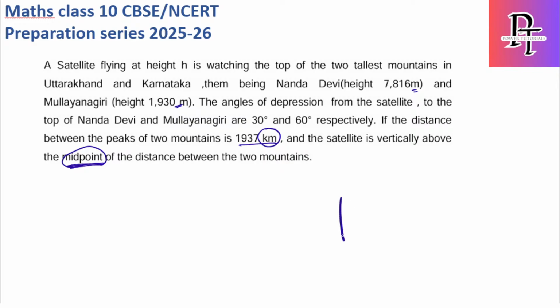Here I have one mountain. Here I have another mountain which is a little smaller compared to the first mountain, and we have a distance connecting these two. The distance is 1937 kilometers. Exactly at the midpoint we have a satellite.